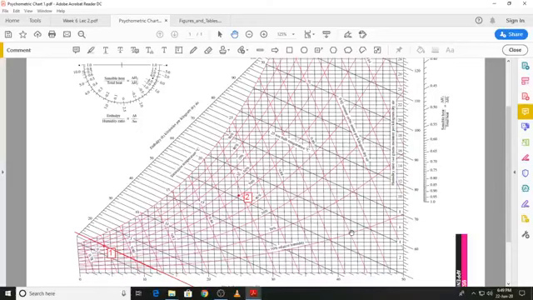Similarly, at state 2, we will find out the specific enthalpy. Draw a constant specific enthalpy line, and you can see the specific enthalpy is 51 kilojoules per kilogram dry air.